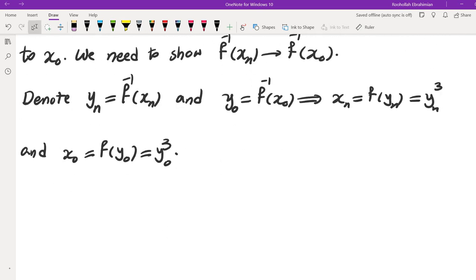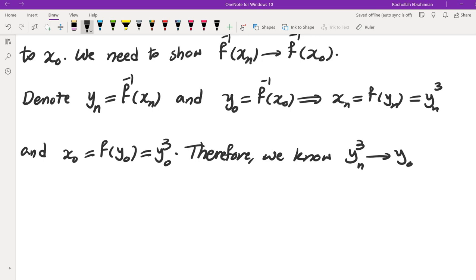So let's summarize this. Therefore, we know that xn approaches x0, which means yn cubed approaches y0 cubed, and we'd like to prove yn approaches y0.